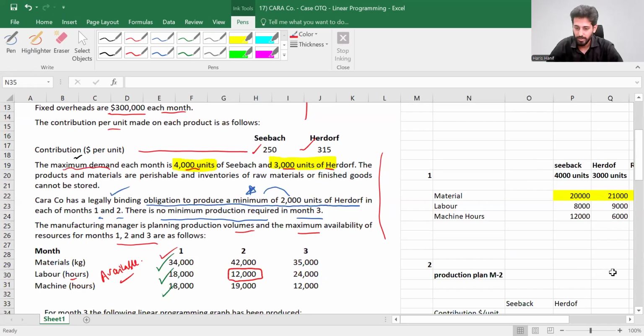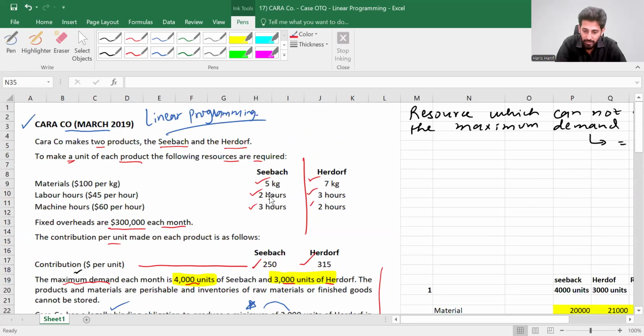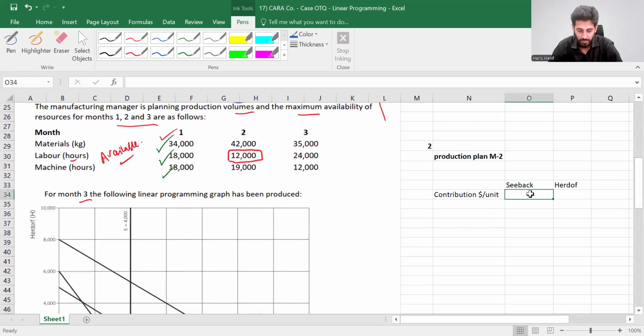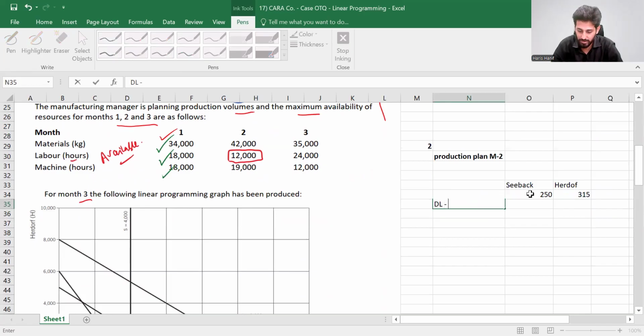Now let's move on. And labor hours are 2 and 3, because we have to now work on the contribution per limiting factor.